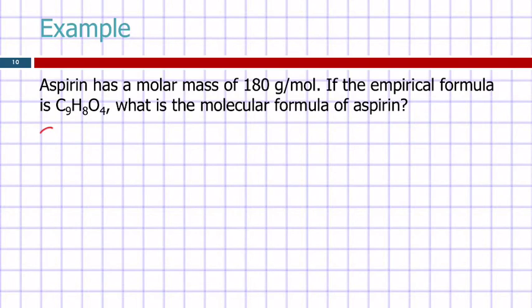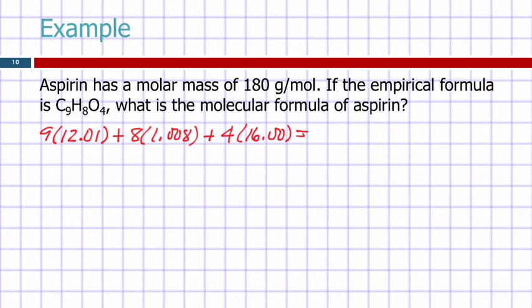So we've got 9 carbons, and each mole of carbon is 12.01 grams. And then we have 8 hydrogens. Each mole of hydrogen is 1.008 grams. And then we've got 4 oxygens, and each mole of oxygen is 16 grams.